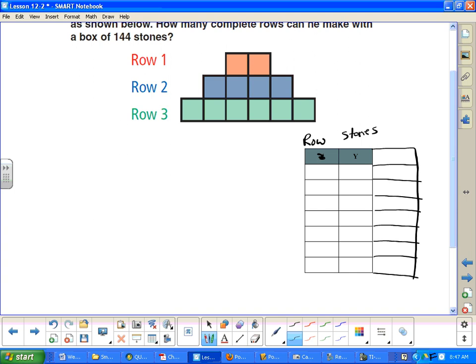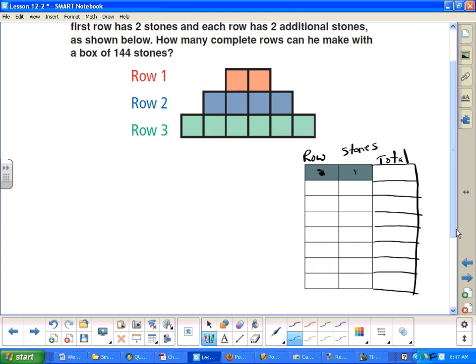And this is going to be total. So the easiest way to do this is not to worry about any formulas, okay, but to just make a table and go through that table.